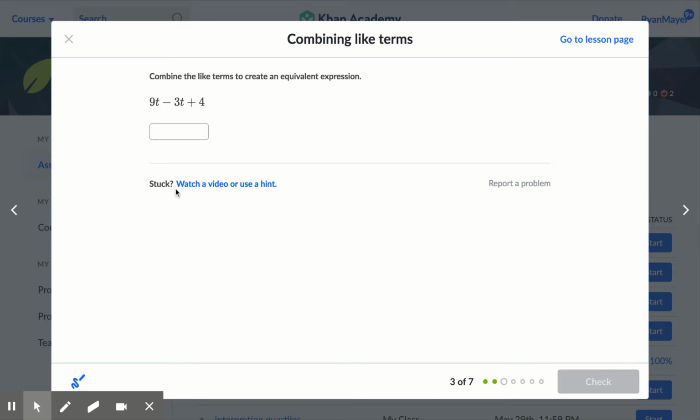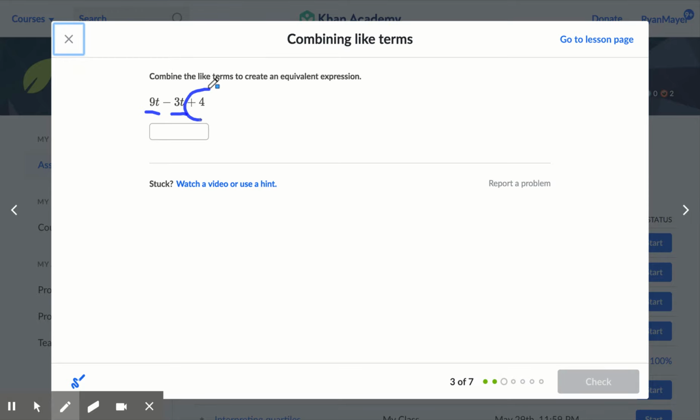Looking at the next one. Again, right away, my suggestion: find your variables. You know how to add and subtract whole numbers, but if you can identify the variables, you're not going to lump them in with the whole numbers. Whether that means marking them on Khan Academy, writing them down on a separate piece of paper, whatever you can do to make sure that you're not combining these with that 4.